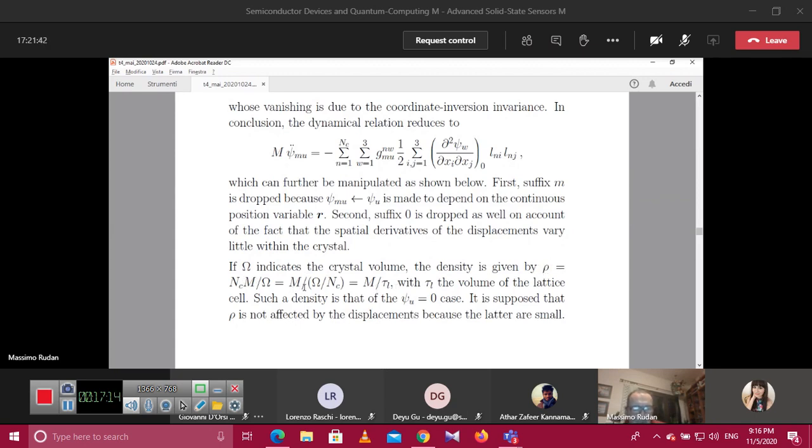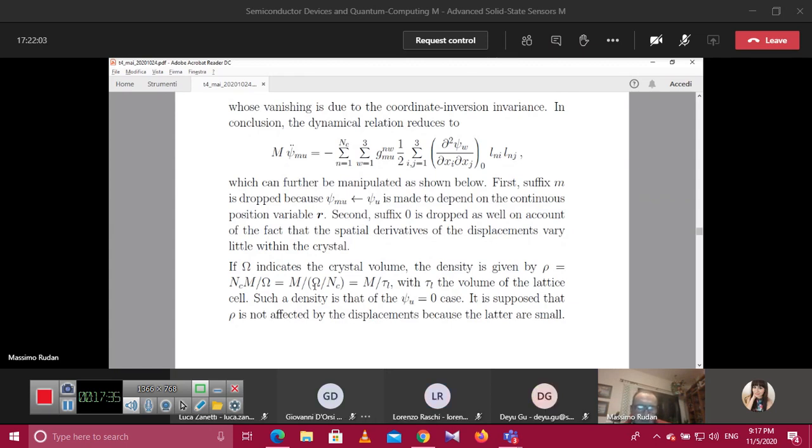Then we remember that omega over Nc is the total volume of the crystal divided by the total number of cells of the crystal. So omega over Nc is the volume of the individual cell of the lattice.